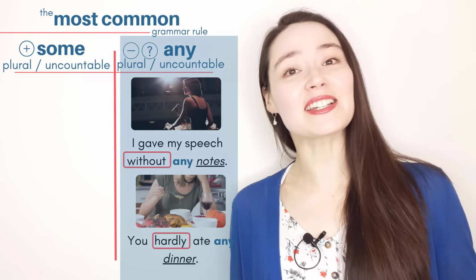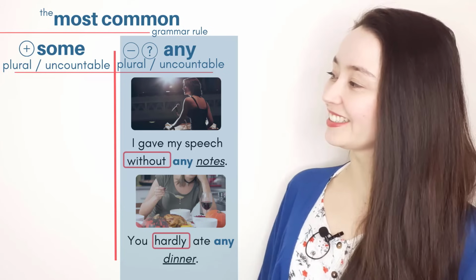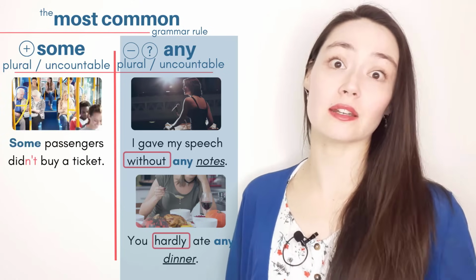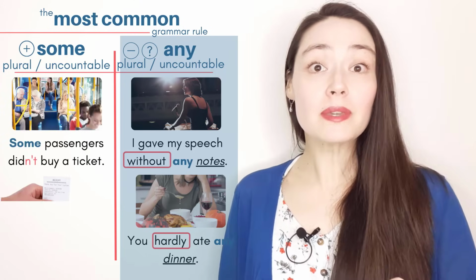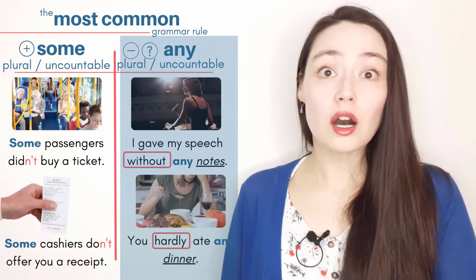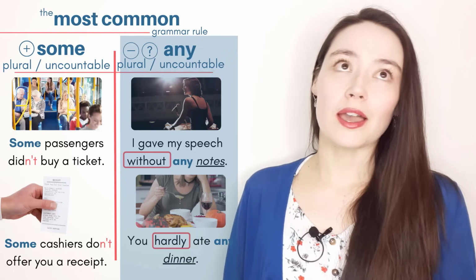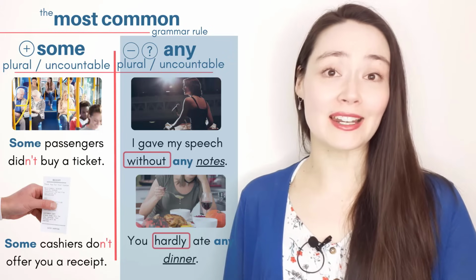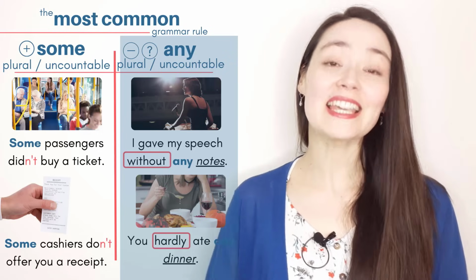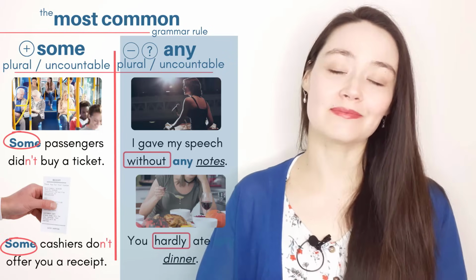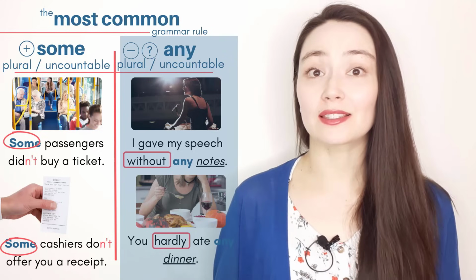Yes, this is English. Some passengers didn't buy a ticket. Some cashiers don't offer you a receipt. Okay, so here we have some with a negative. If some begins your sentence, you can use it in a negative sentence.